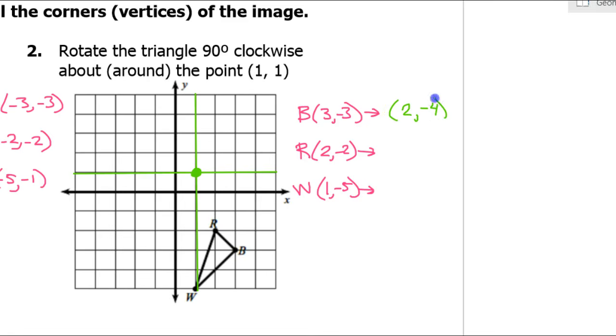And the coordinates of point R would be 1, comma, negative 3. And the coordinates of point W would be, okay, W is right on the line, so that's going to be 0, comma, negative 6.